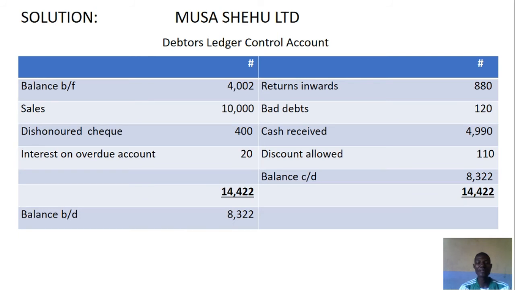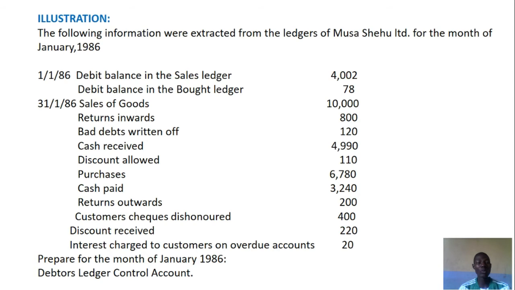We have returns inward. The returns inward is also known as sales returns or returns inward daybook. The figure is 880. Then we have bad debt written off or bad debt 120 naira. We have cash received. Cash received here means cash received from customers or from debtors.